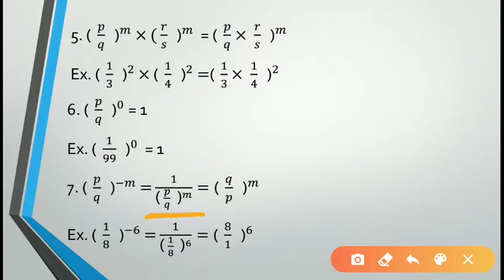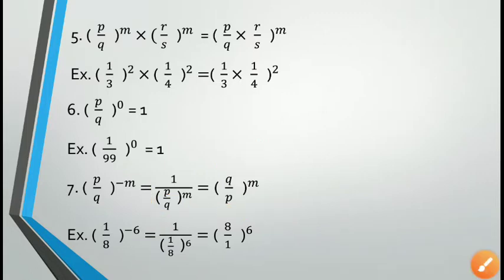Now if you want to write this p/q in the numerator, this will become the reciprocal, means the denominator q will become the numerator, q/p, and the power m will be positive only.